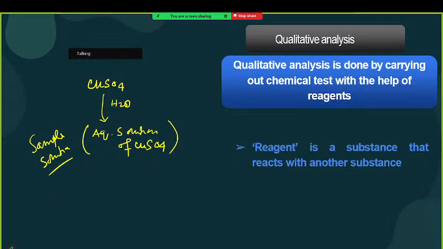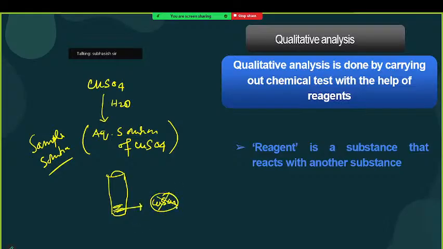Here in this sample you have to determine the copper part and the sulfate part. The sample is the salt that is given for analysis. Taking this sample in a test tube, you take some amount of the sample solution.